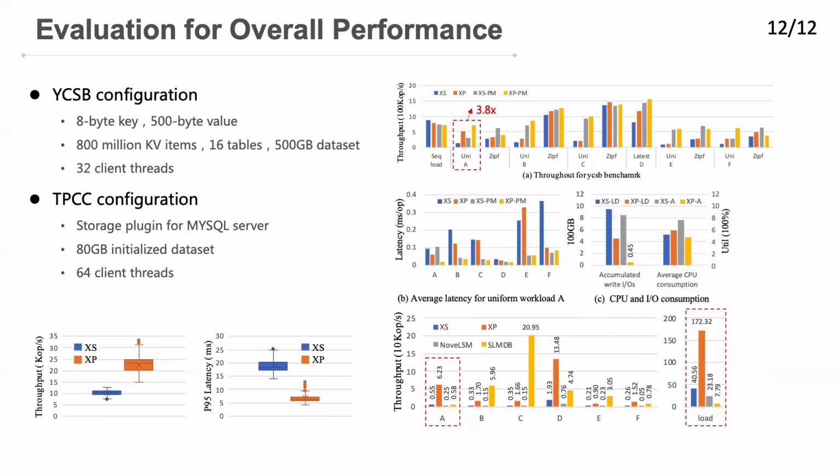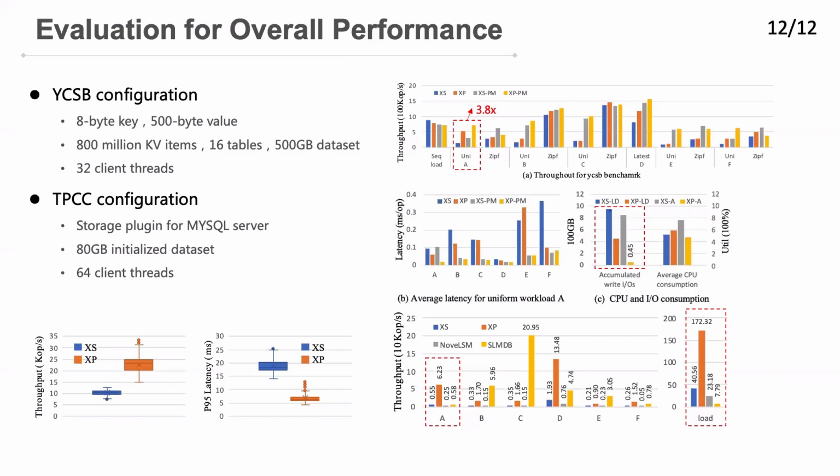While in the read-intensive workloads, the performance is dominated by slow disk IOs, especially for random request distribution. With the help of a new level 0 and in-memory compaction, our solution also significantly reduces the accumulated disk IOs and the average CPU consumption.